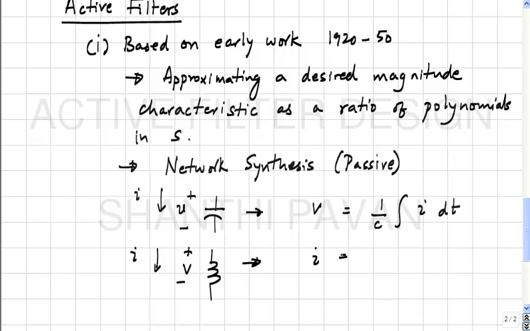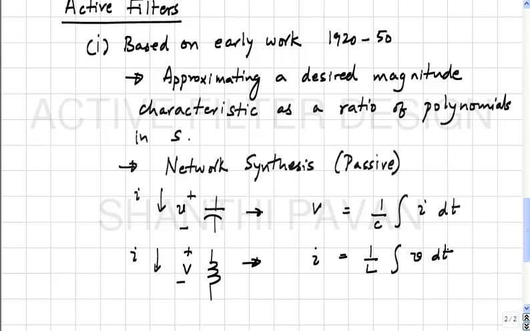It is 1 by L integral V dt. Okay. So what do you notice here? There is something that strikes you. So you can see that both an inductor and a capacitor are fundamentally doing the job of integration, right? The capacitor is integrating current and giving you a voltage, an inductor is integrating voltage and giving you a current.